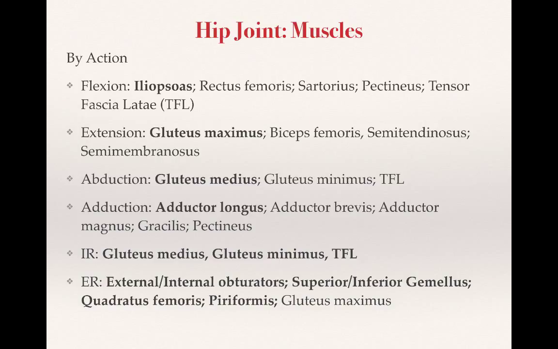So for right now, just to get you familiar with some of the hip muscles, I want you to take a look at this list. This list is organized by action. All the osteokinematics of the hip joint are represented here. The muscles that are bolded indicate that they are the prime movers for that particular action.